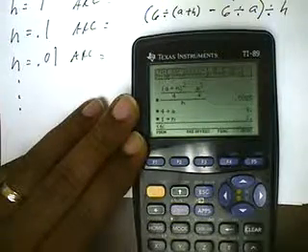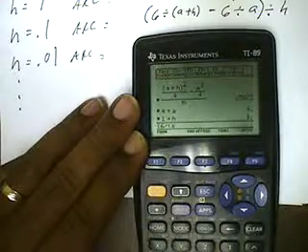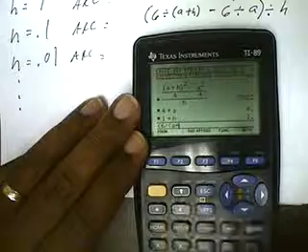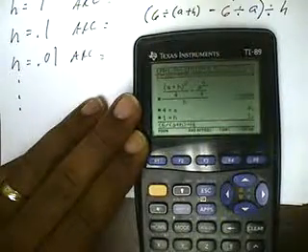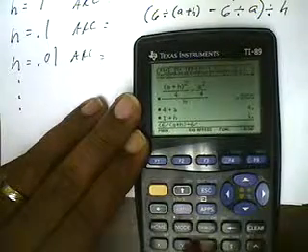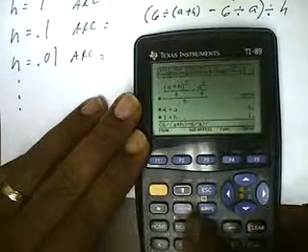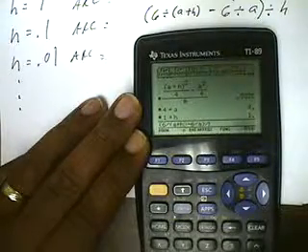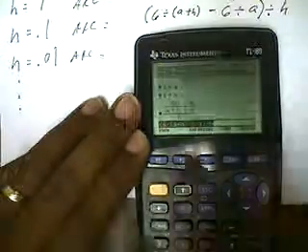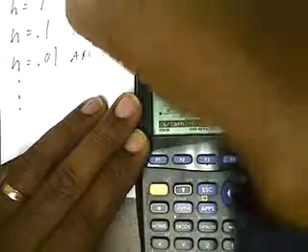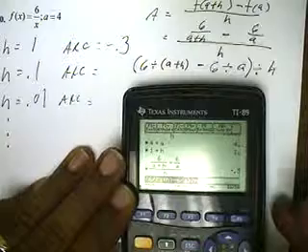Parenthesis 6, division, open parenthesis, alpha A plus alpha H, close parenthesis, minus 6, division, alpha A, close parenthesis, division, alpha H. Enter. And we get negative 0.3. So negative 0.3 for that first arc.